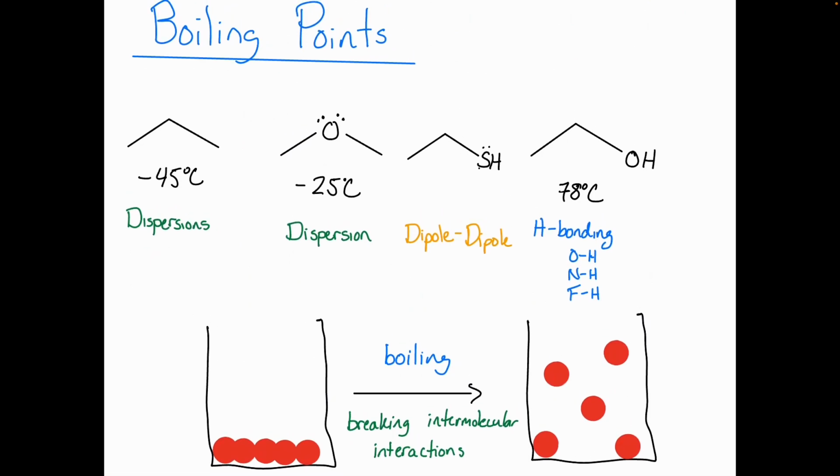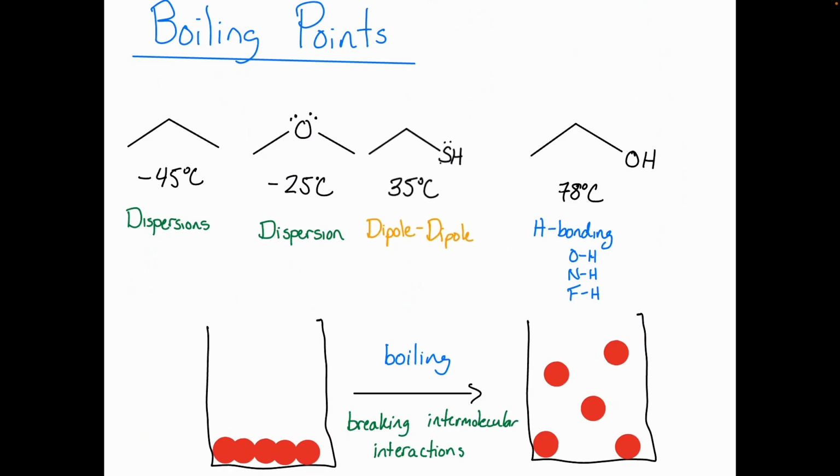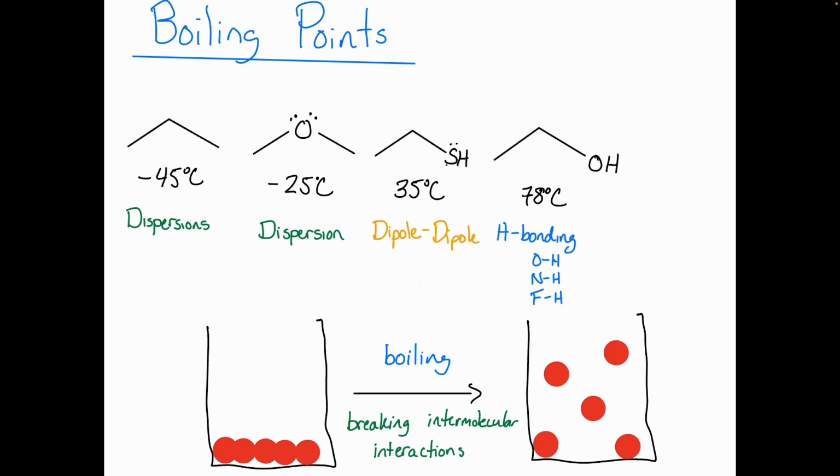These aren't as strong of interactions as you would get if you had these hydrogen bonding, but they're still stronger than just dispersion forces. This molecule right here has a boiling point around 35 degrees Celsius. Okay, so you can see still quite a bit higher than our ether, but not quite as high as an alcohol.